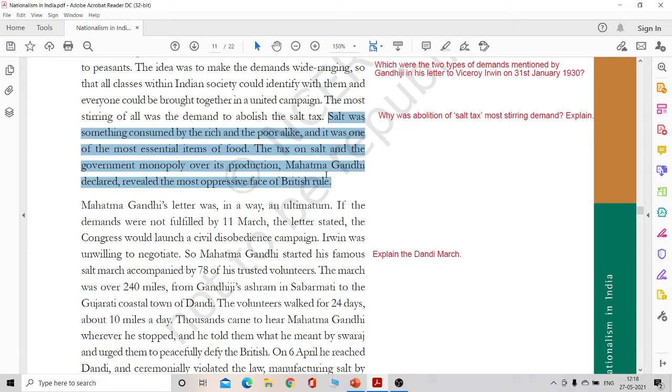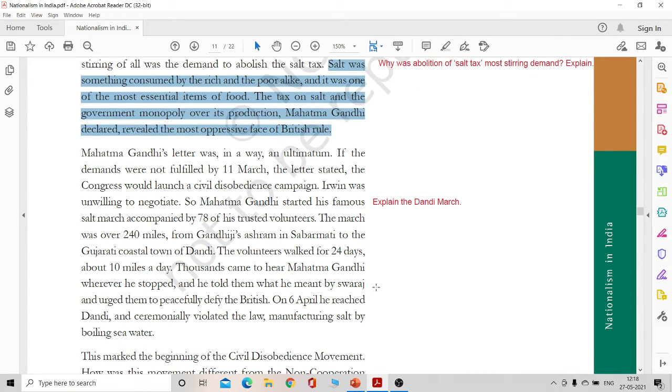If the salt tax could be used as a bringing together point where everyone could relate to this kind of oppression, where even salt was taxed, and of course the monopoly of salt production, right? Gandhiji also wanted to get rid of the British monopoly.